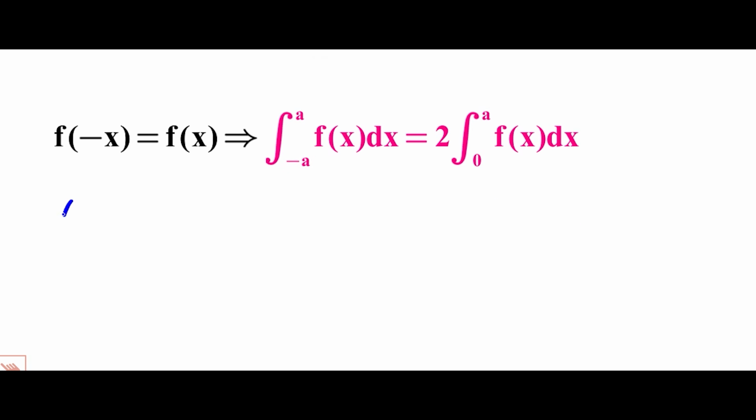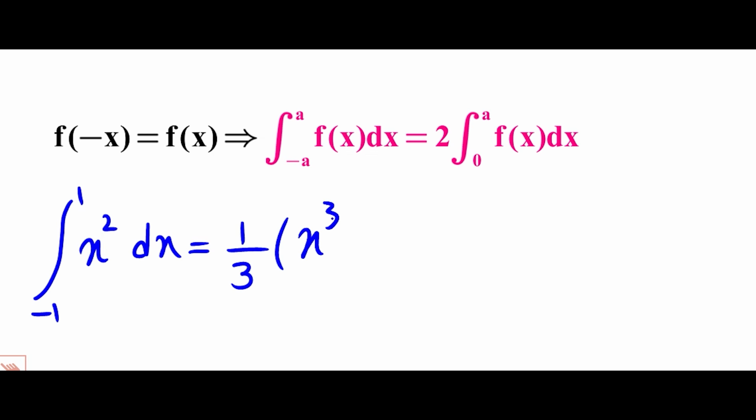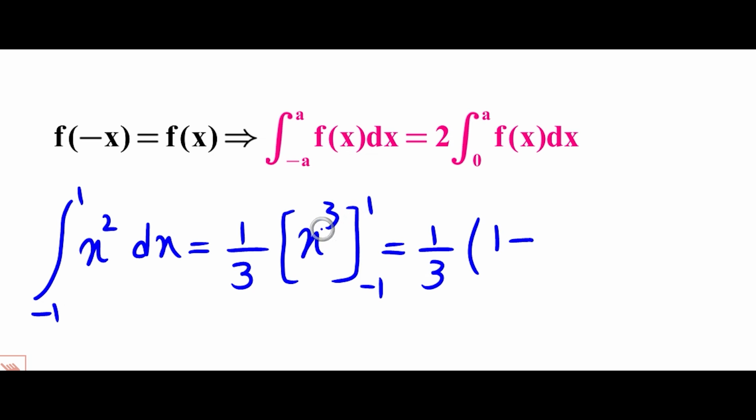Meaning, for example, the integral of x squared, because x squared is even, dx from negative 1 to 1 equals, we know that the integral of x squared is 1 over 3 x cubed, right? From negative 1 to 1. So we have 1 over 3 times 1 cubed, which is 1, minus negative 1 cubed, which is negative 1. So we have 1 plus 1 is 2 over 3, right?